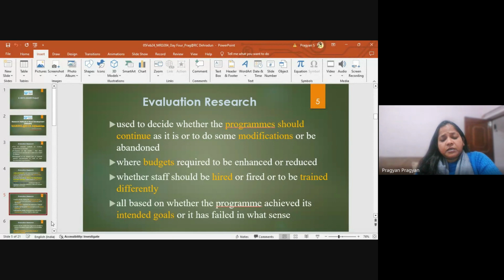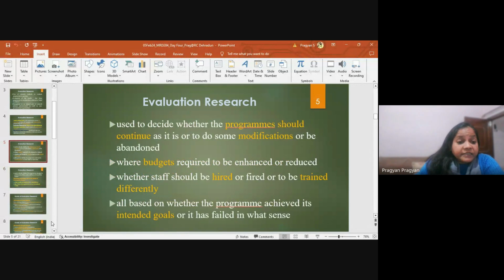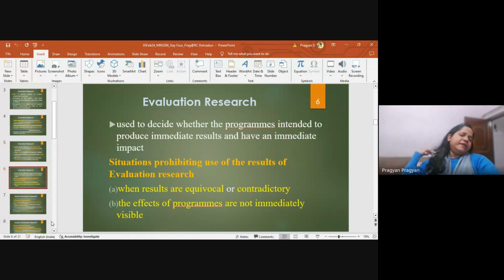And the whole process is basically turning to the perspective which is very target oriented, in the sense that they are always going to promote evaluation in terms of only intended goals. So when intended goals are going to be achieved, going to be accomplished, that means evaluation research is going to say that we can continue with this kind of policy. But of course, these are the changes that can be introduced in this part.